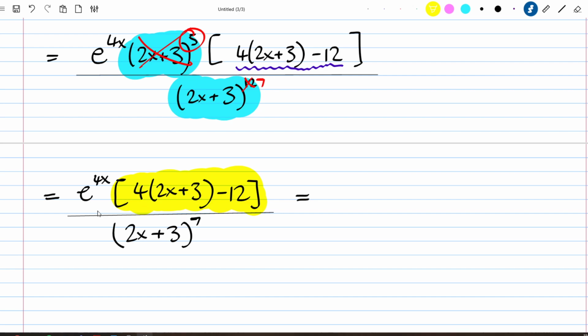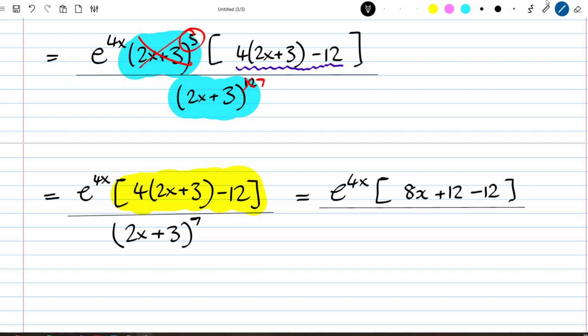And if I can factorize it some more, happy days. So I'm going to have 8x plus 12 minus 12. Oh, okay, cool. So obviously the plus 12 and the minus 12 are going to cancel out.